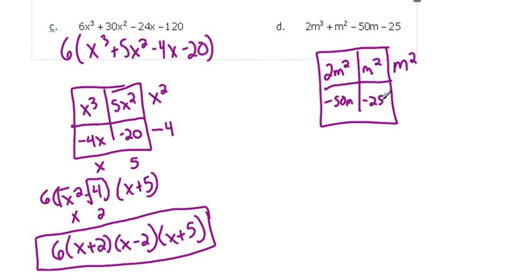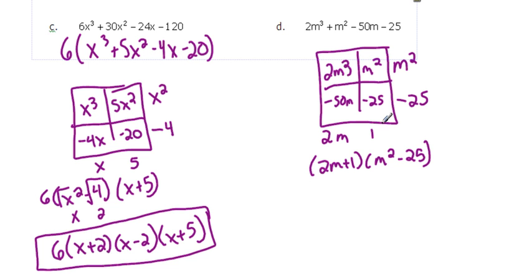Horizontally here, these are both divisible by 25. So I take out a negative 25 because there's a negative in front. Vertically, I can take out a 2m. Sorry, this should be a cube. A 2m and a 1. So I have 2m plus 1, m squared minus 25.